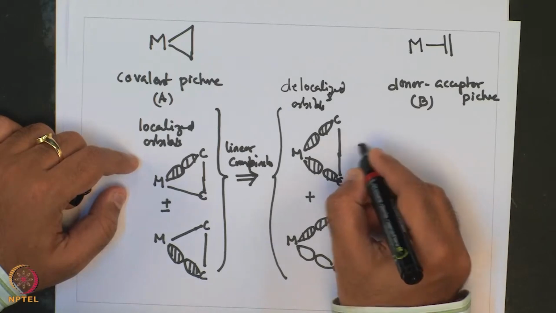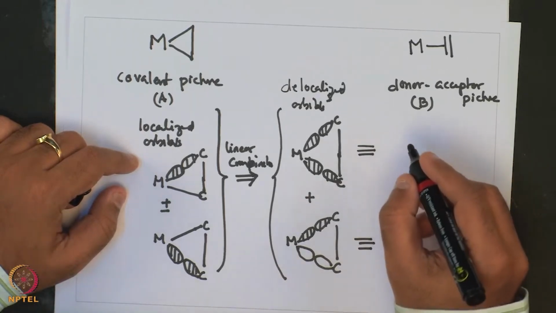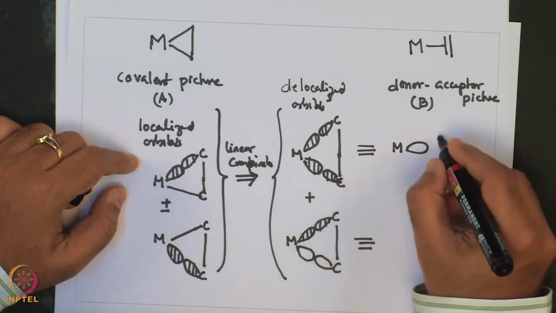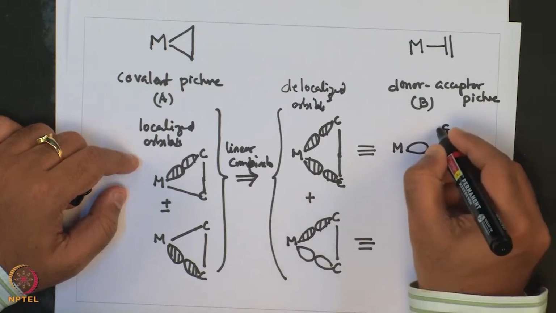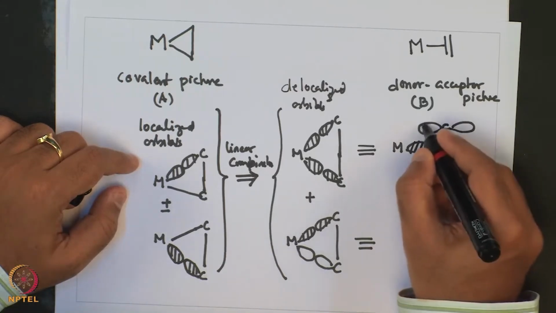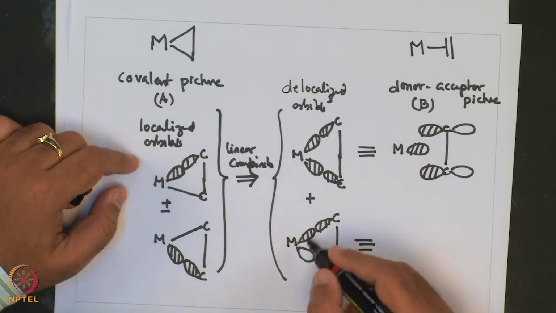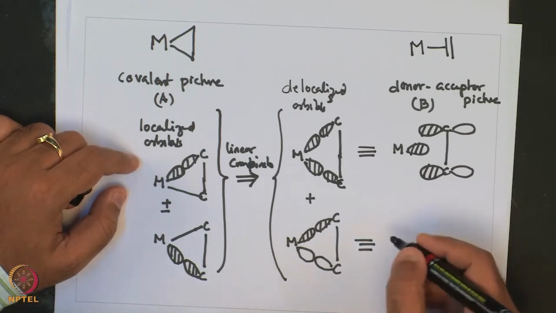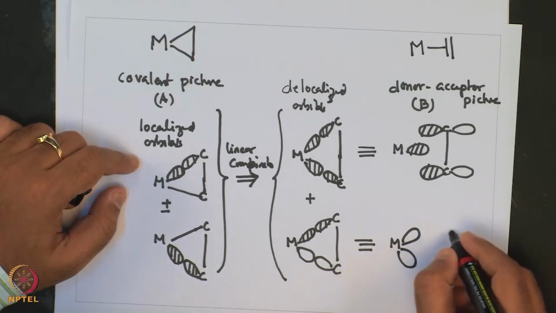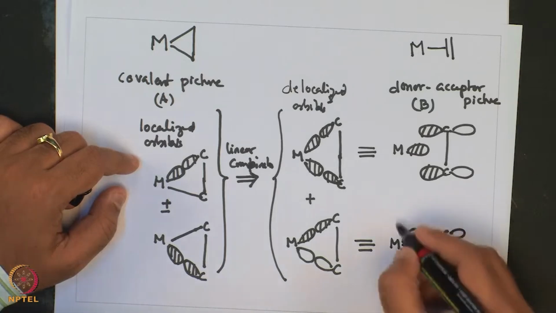The combination with both sides of the same phase is akin to the donor interaction, something like this, and the other part is akin to something like this.